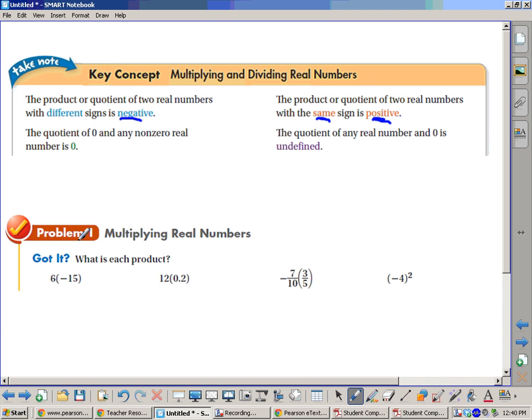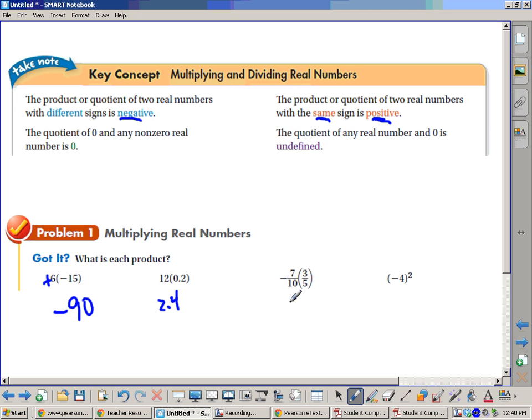If we're going to take 6 and multiply it by a -15, we're going to get -90. And that's because this is really a positive number multiplied by a negative number, we get -90. Here we're multiplying two positive numbers. So we're going to get 12 times 0.02 is going to be 2.4.